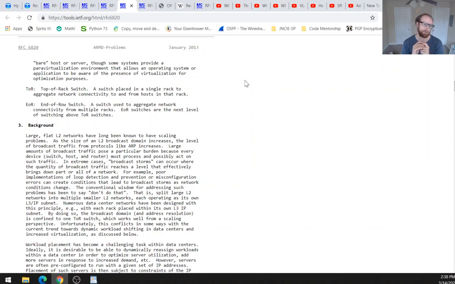TOR, top of rack switch: a switch placed in a single rack to aggregate network connectivity to and from hosts in that rack. EOR, end of row switch: a switch used to aggregate network connectivity from multiple racks. EOR switches are the next level of switching above TOR switches.